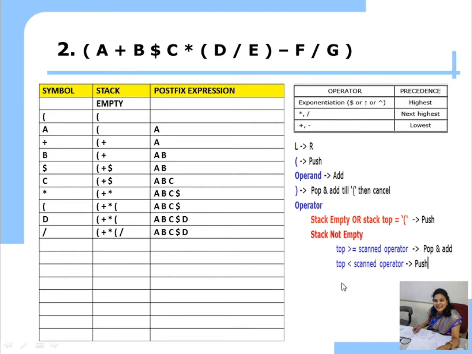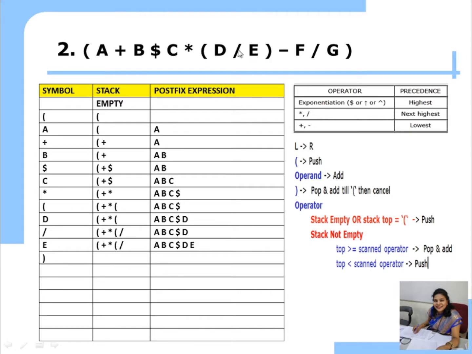After division, there is E. What is it? Operand. So you simply add it and the stack remains unchanged. After E, now see, there is a right parenthesis. Whenever a right parenthesis is encountered, you pop all the operators present on the stack until the right parenthesis finds its matching left parenthesis.